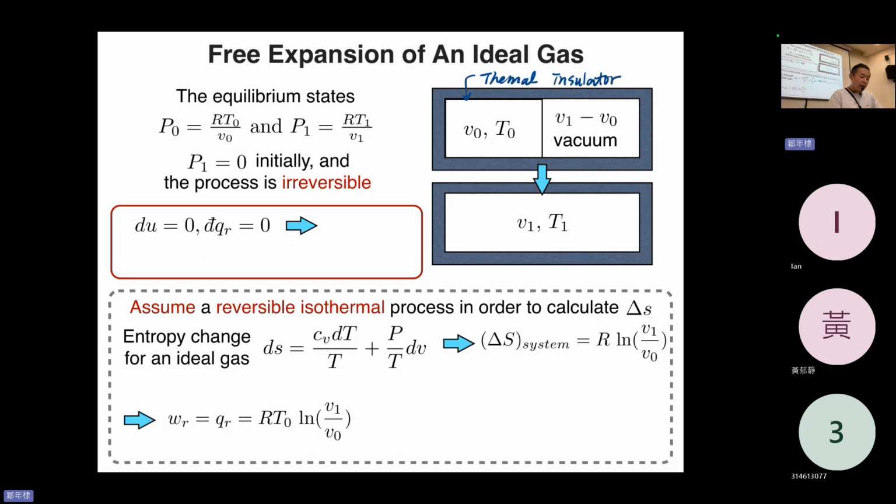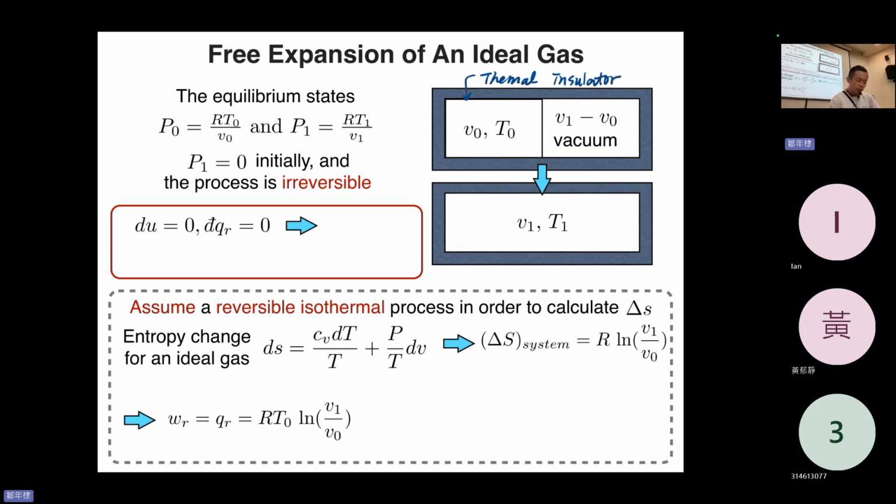There is a diaphragm, or you can say a wall. Previously the right-hand side is a vacuum, and the other side is V0, T0. If you take out the diaphragm, the wall is removed, and the gas particles will freely expand to the right-hand side.